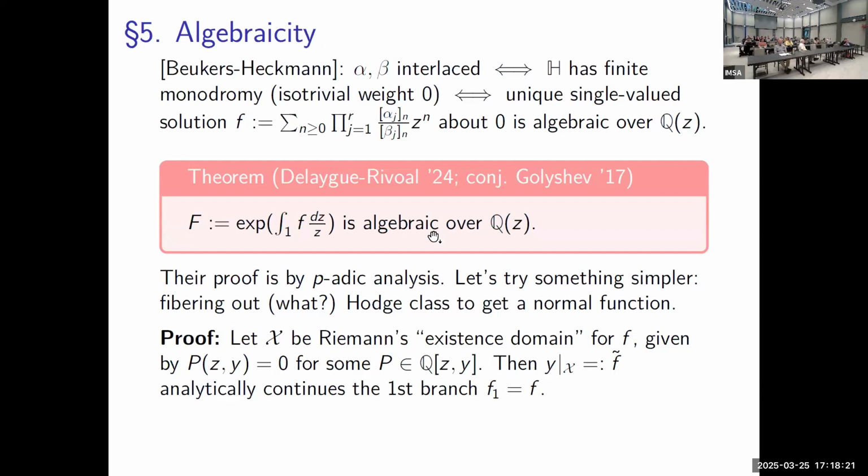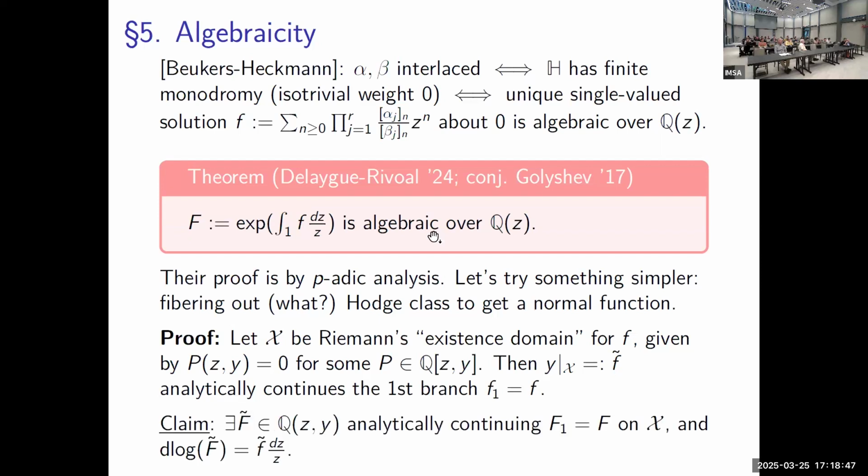And since it's an existence domain, Y is the thing that satisfies an equation over Q(Z). So Y, restricted to the curve, is the analytic continuation of f. As to why it's defined over Q, that's simply because little f has an expansion with rational power series coefficients about a rational point.